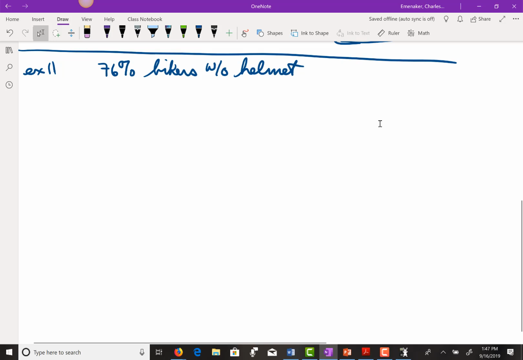They found that across the U.S., there are about 38.7 million bikers without helmets. The question is, how many people ride bikes?